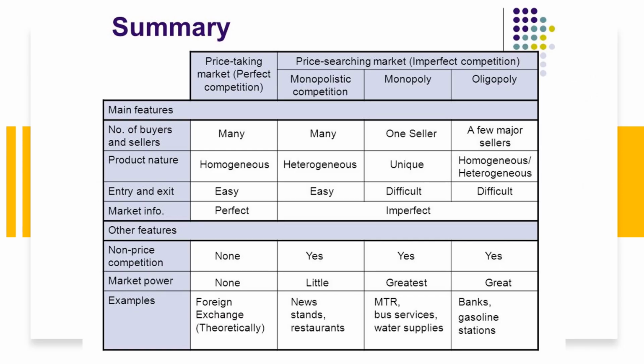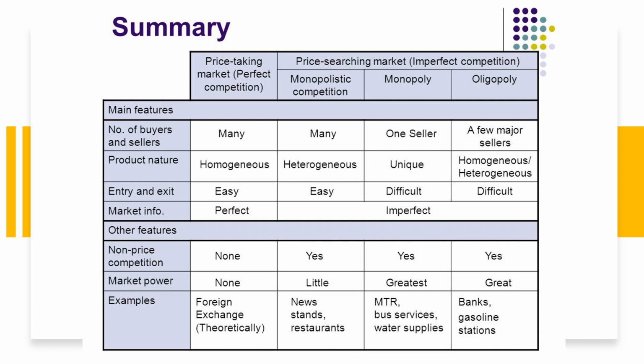In summary, we've spoken about perfect competition, monopolistic competition, and monopolies, and I'm just going to go through it again. In a perfect competition, like we said, there are many buyers and many sellers, like the people that sell gala in traffic.